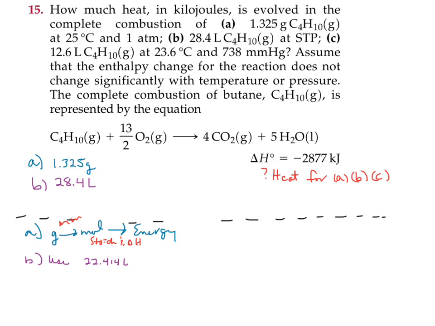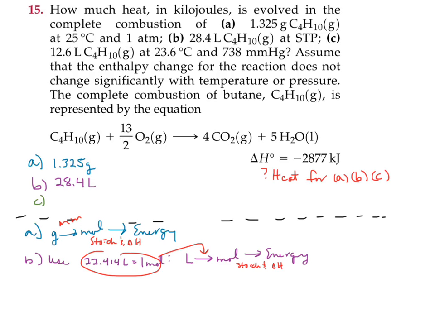But anyway, my hint: 1 mole is equal to 22.414 liters. You have liters, so put 1 mole over 22.414 liters. Your liters will cancel, and you'll be left with moles. You're ready to rock and roll with that one. So you'll go to moles from liters using that equality statement, and then once you have moles, you go ahead and do it like we've been doing it.